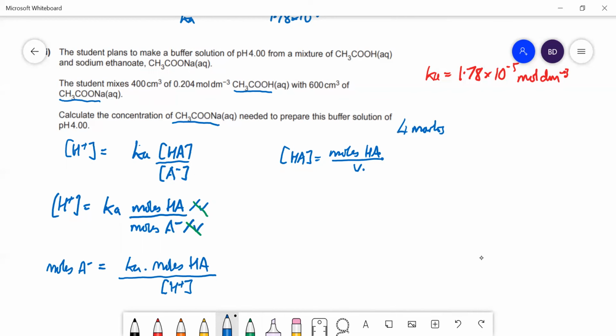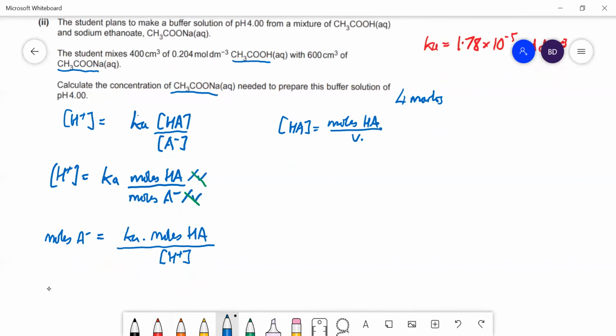Now we're in a position to put some numbers into that equation. What do we know? We know Ka. We know H+ because we know the pH. And we need to work out the moles of HA. The way we work out the moles of HA, because it tells us here we mixed 400 centimeters cubed of a concentration of HA. So let's write that down.